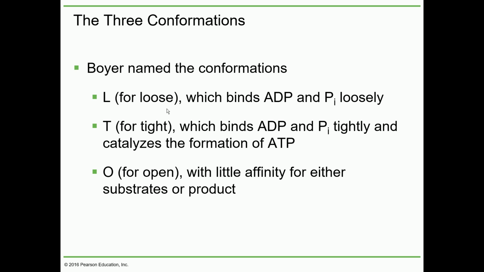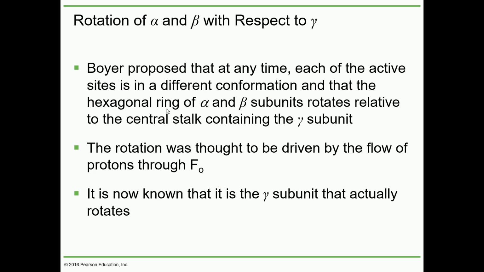This is the loose conformation of the beta subunit, in which ATP, ADP, and phosphate bind loosely. T is for tight. It binds ADP and phosphate tightly, and it catalyzes the formation of ATP. O is open, with little affinity for either the substrates or the products.